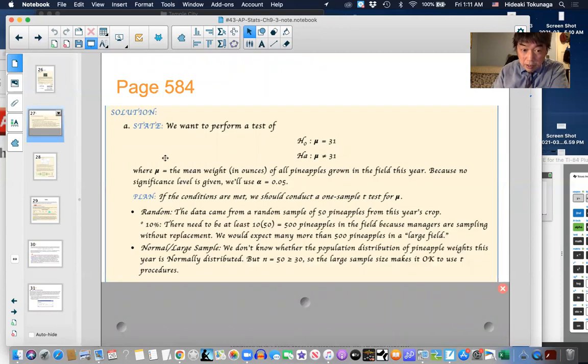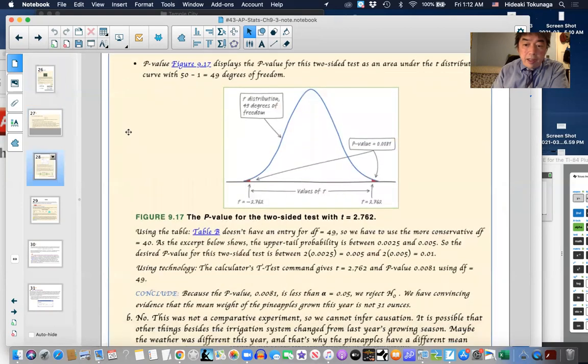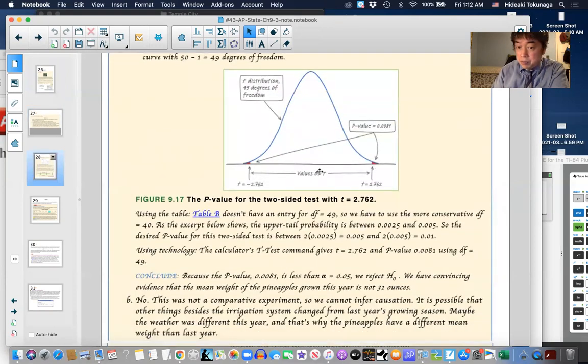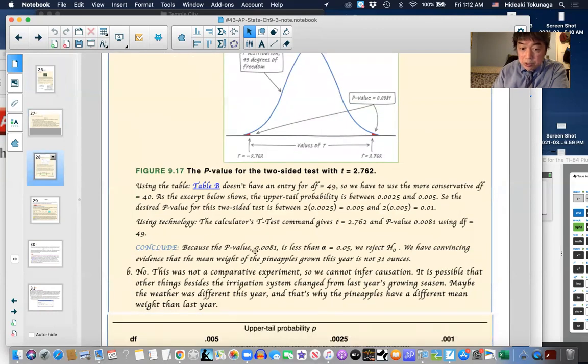After we do the state and plan, this test is called a one-sample t-test for mu, right? Here are the two distributions, with the highlighted section being such a small area. The conclusion is that the p-value is so small, so we reject the null hypothesis.